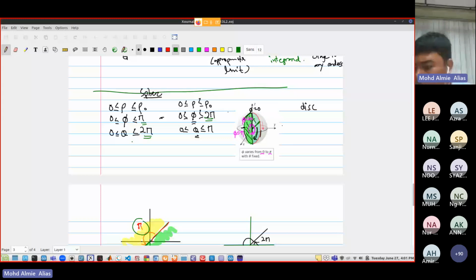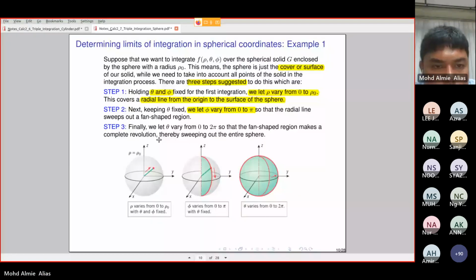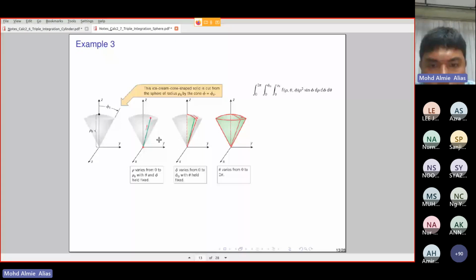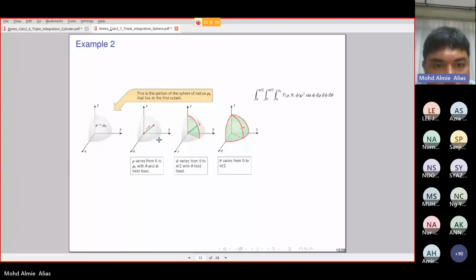Okay, time's up. Sorry, we have just exceeded one minute from the actual time. Please have a look at these examples. There are a lot of examples here. Please try to understand every single one of them, because here you don't do the integration, you just discuss how to get the limit.